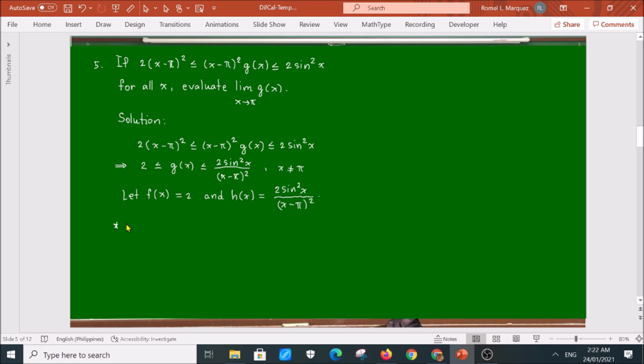Let's take the limit of f of x as x approaches pi. Since f of x is constant, the limit is also 2.